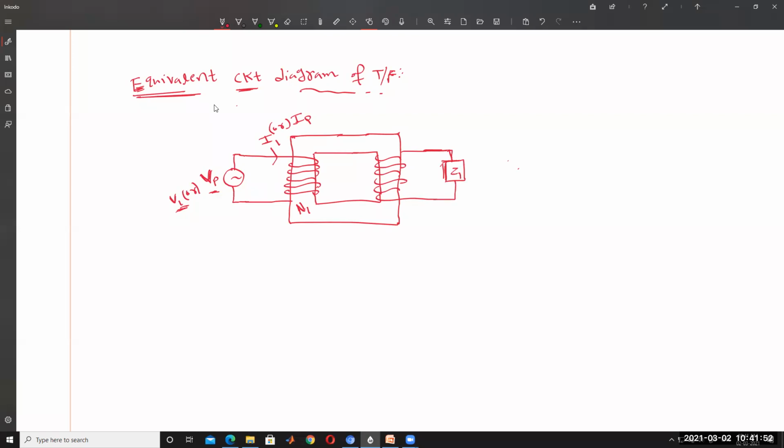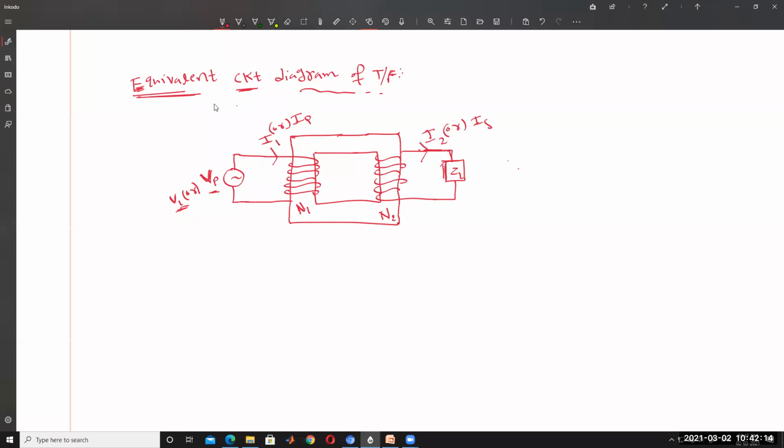This is the secondary current I2 or IS. The number of turns in the transformer secondary winding is called N2.